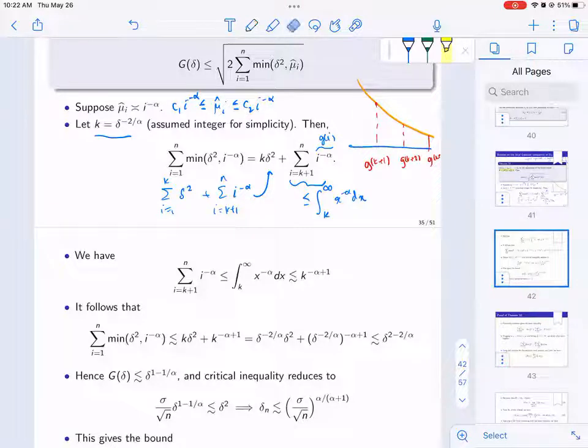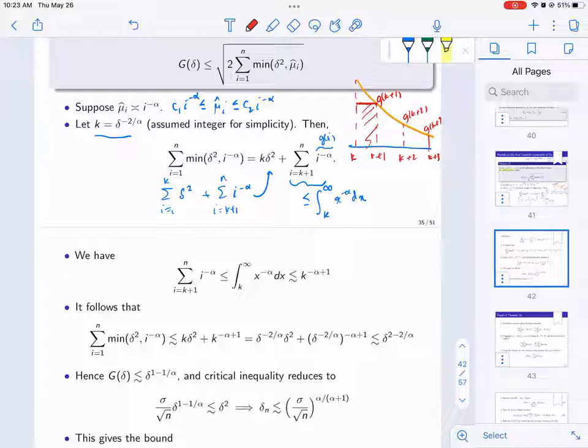And then there is the g of K here. So this is K plus 1, this is K plus 2, K plus 3. This is g(K plus 1), g(K plus 2), g(K plus 3).